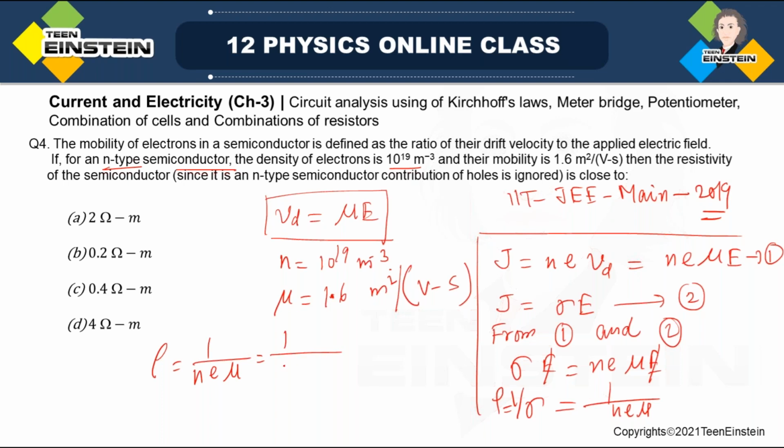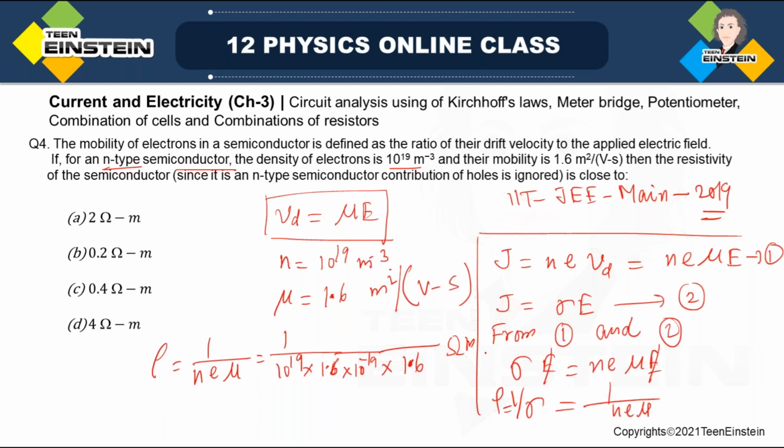Here n is the number density of electrons, that is 10 to the power 19. e is the electronic charge, that is 1.6 into 10 to the power minus 19 coulomb, and mu is already given, which is 1.6 again. This as a whole will give you the resistivity in ohm meter.